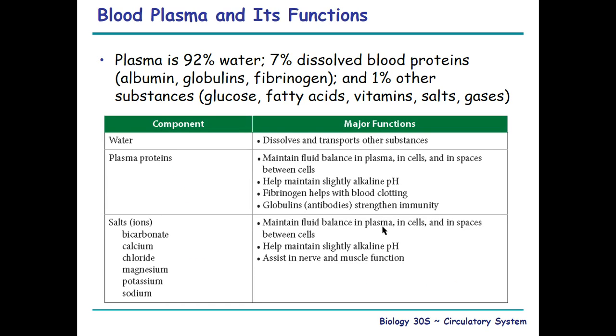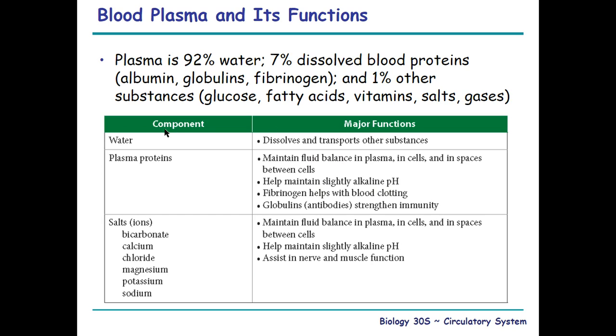Plasma is 92% water, 7% dissolved blood proteins, albumin, globulins, and fibrinogen, and 1% other substances, glucose, fatty acids, vitamins, salts, and gases.